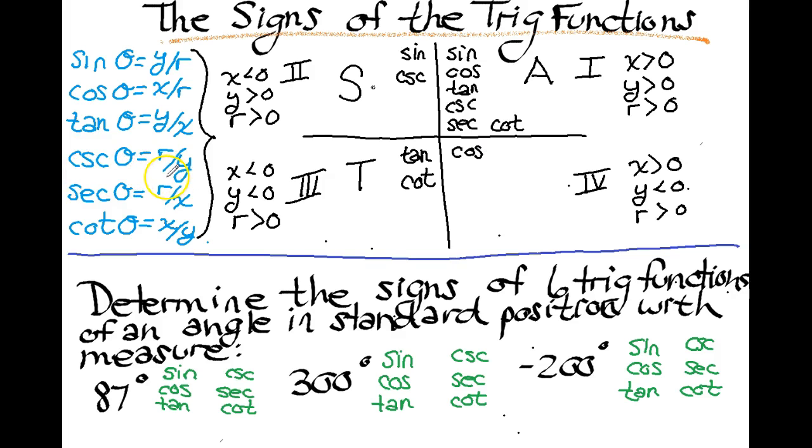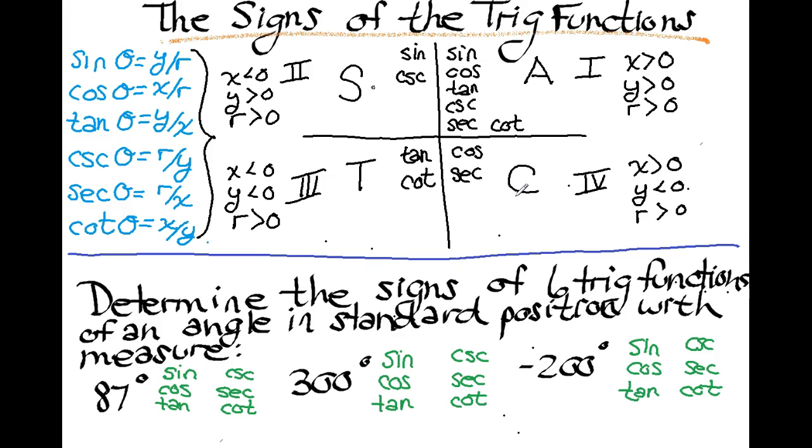Cosecant, r is positive, y is negative, so that's going to be negative. Secant, r is positive and x is positive, so secant will be positive in quadrant 4. And lastly, cotangent is a positive over a negative, that makes it negative. Therefore, in this quadrant, we have cosine and its reciprocal. So I'm going to put a C in that quadrant so you can remember cosine and its reciprocal are positive. All the other functions are negative in quadrant 4.